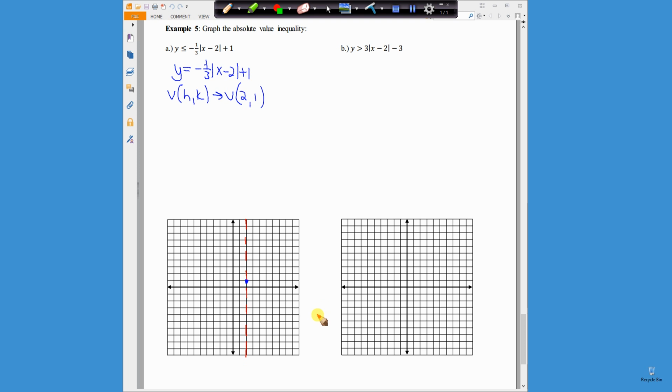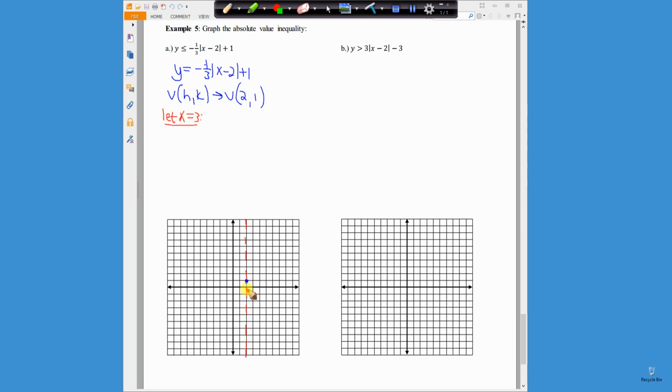And now to complete my graph of my absolute value function, you just pick one value for x to find a point that's a solution, and then just mirror that across the axis of symmetry. So just pick any value for x that's not on the axis of symmetry. Usually you just pick 1 over. So if this x value here is 2, I'm going to pick 3. So let's say x equals 3.